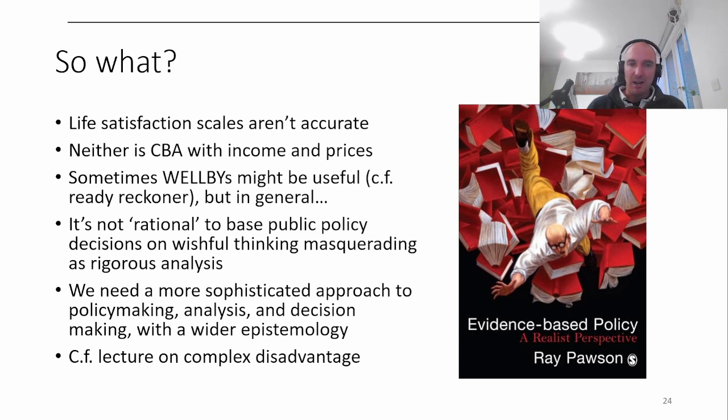That said, I think cost-benefit analysis with income and prices, as I argued in that Cambridge talk, is also just full of fanciful assumptions upon fanciful assumptions. And so the numbers that we get out of traditional cost-benefit analysis are also in many cases basically illusory.